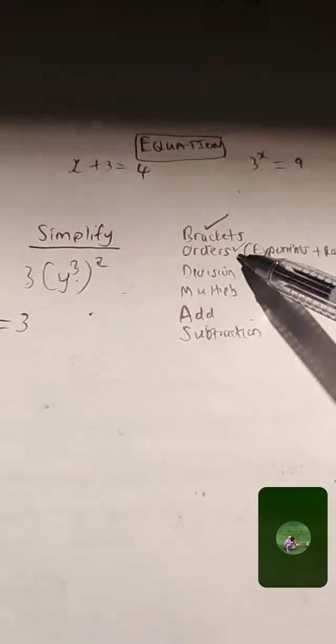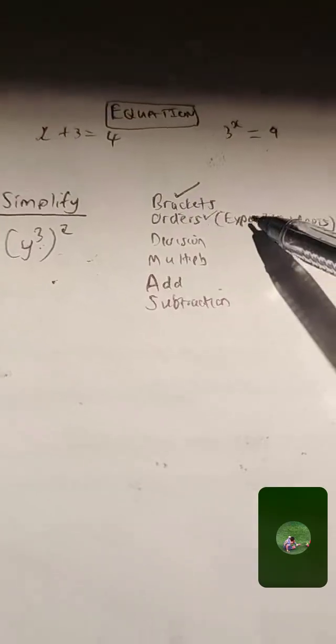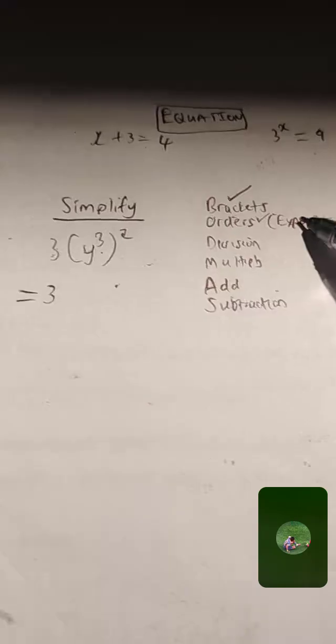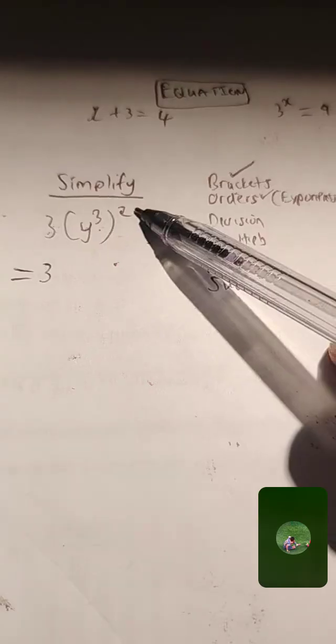So we move away from brackets and go to orders. What does orders mean? Exponents and roots. We have y to the power 3, y squared, and y to the power 3 all raised to the power 2.